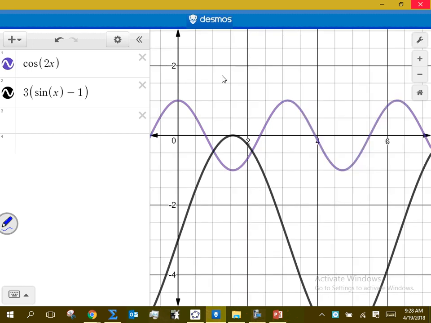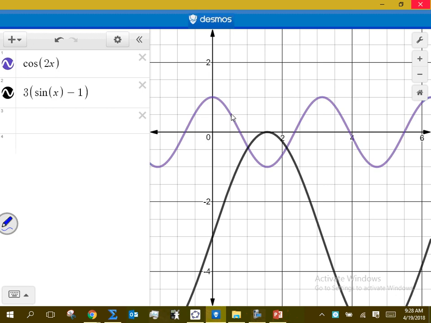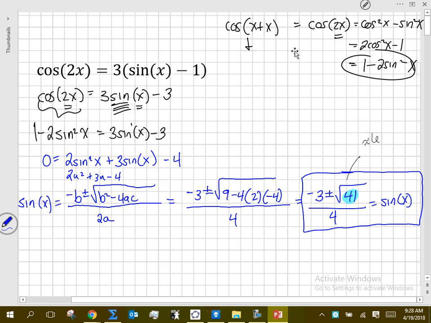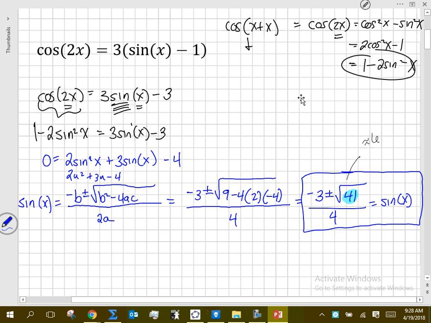All right, so those are my 2 curves. If I just click on them and look at the intersection, 1.017, 2.124. And those were the solutions that we found by hand, right? Okay. Desmos generates that pretty quickly for you.